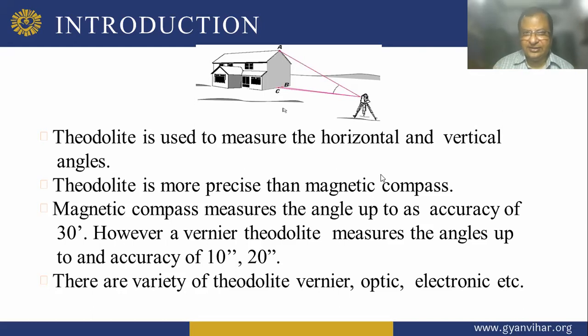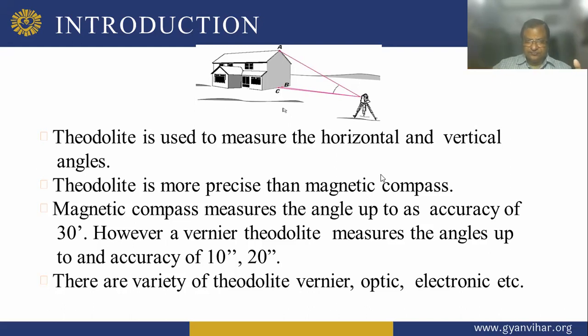The theodolite is used to measure horizontal and vertical angles. A theodolite is more precise than a magnetic compass. A magnetic compass measures angles up to an accuracy of 30 minutes.